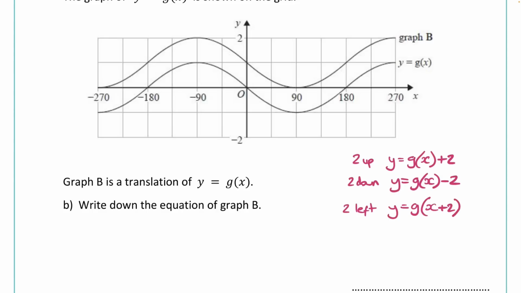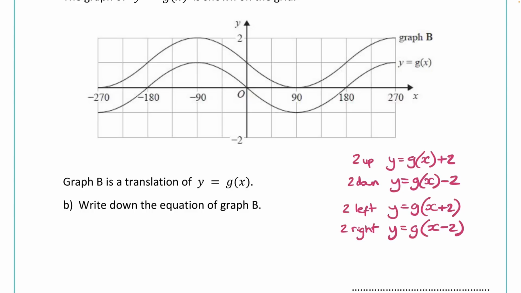So left you would normally expect to be minus 2, but when it's inside the bracket, it's the opposite symbol, so plus 2. And then likewise, if we have 2 right, it would be y equals g of x minus 2. So typically, when it's moving up and down, it moves towards the positive numbers upwards, negative numbers downwards. But inside the bracket, it does the opposite. So just be aware of that.